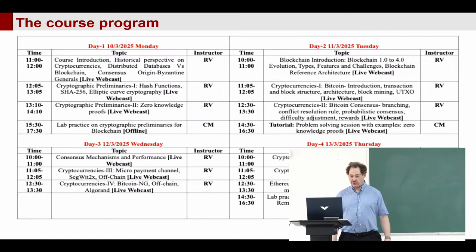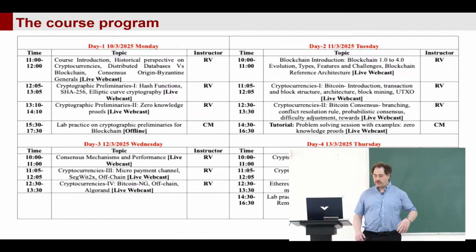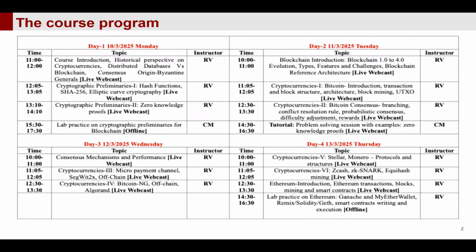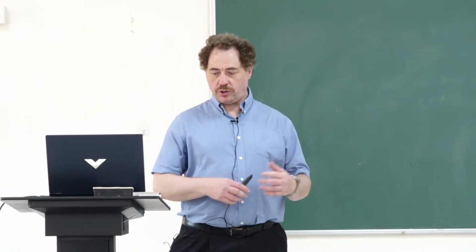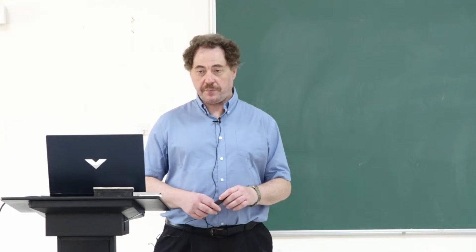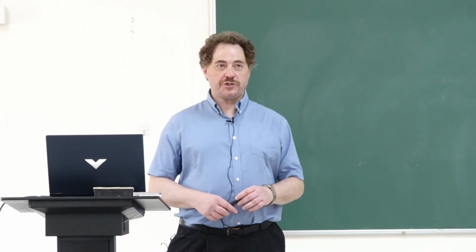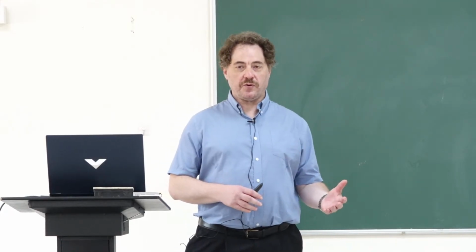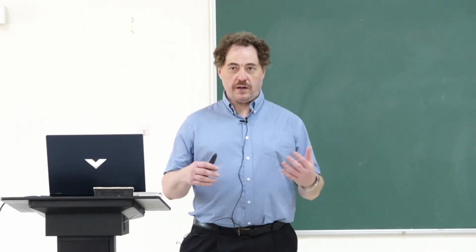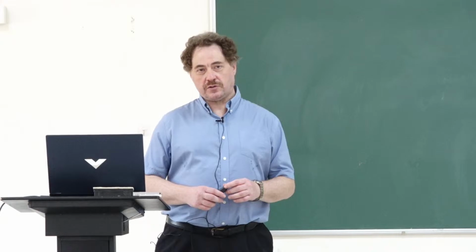In lecture number 9, it would be Bitcoin NG and Algorand. Bitcoin NG came from Cornell, while Algorand came from MIT. Today, most of the technologies actually originated from academia and later became practical currencies.